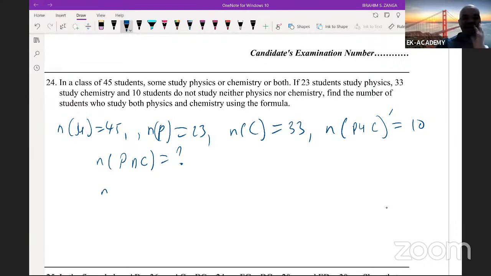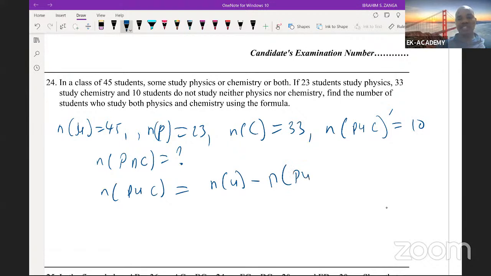So to get the number of students who study physics or chemistry, we take the number of the universal set minus the number of students who study neither of the two subjects. For our case, we have 45 minus 10, it is 35.